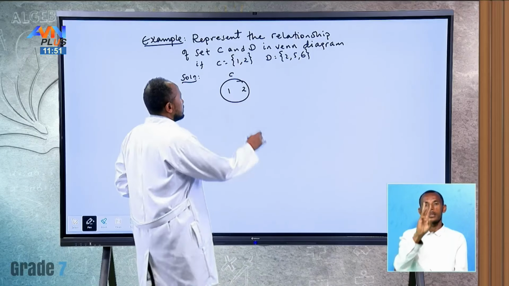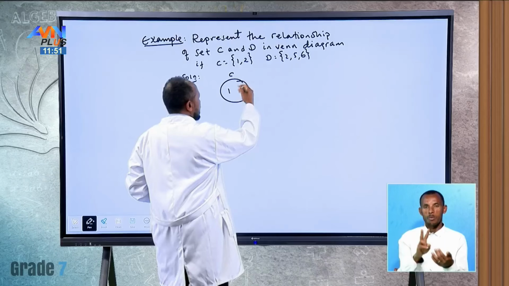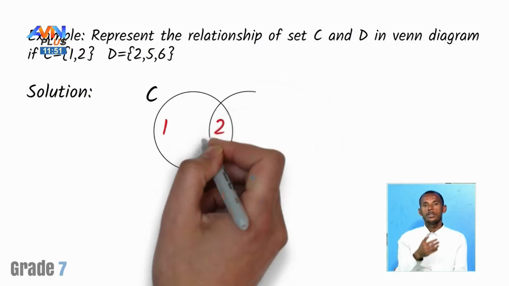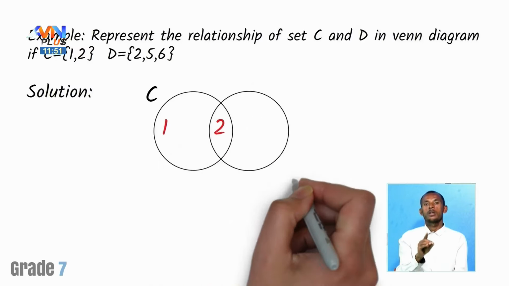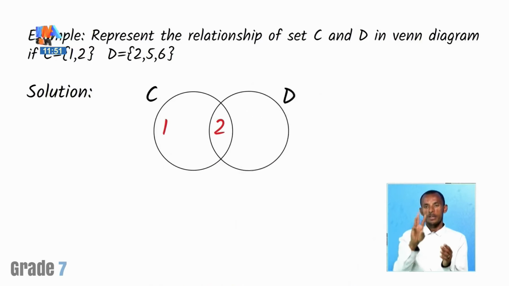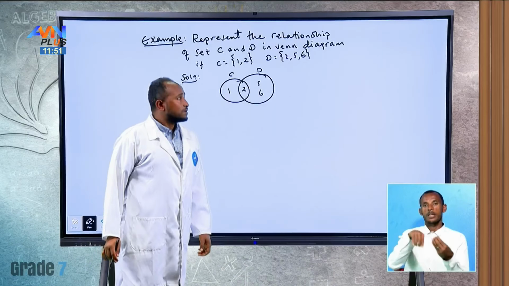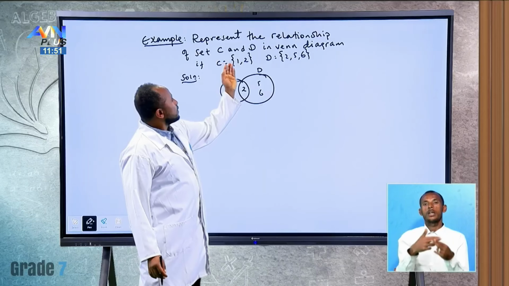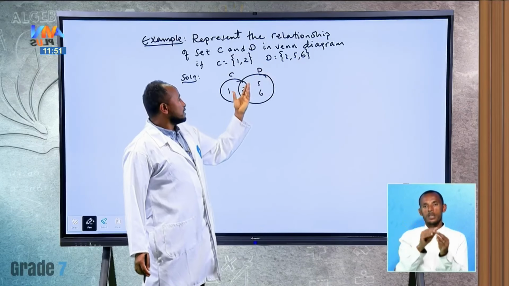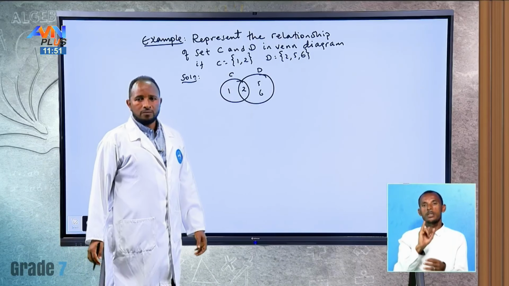So 2 is here, and in addition, set D contains 5 and 6. So 2, 5, and 6 are inside a circle that represents set D. Therefore, the relationship between set C and set D is described in this form.